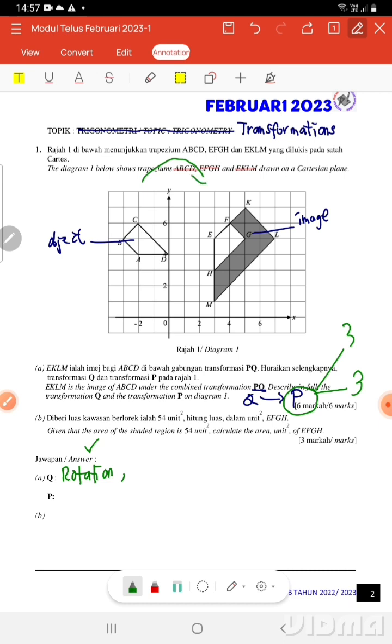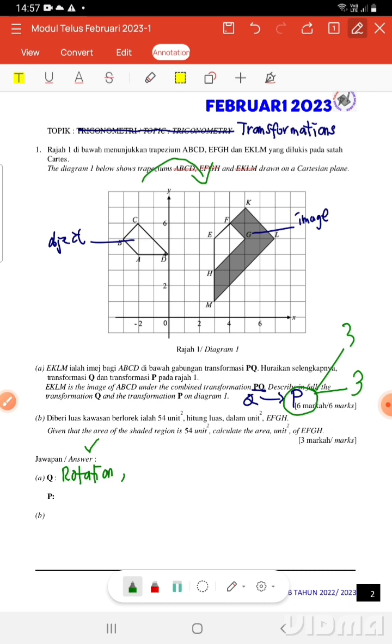So let's go this way. Here I'm trying to teach you one method to find the center, and this method I learned from Cikgu Yasir. You can find his video on YouTube.